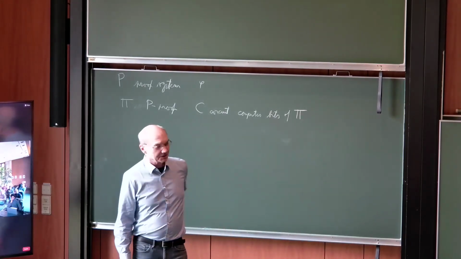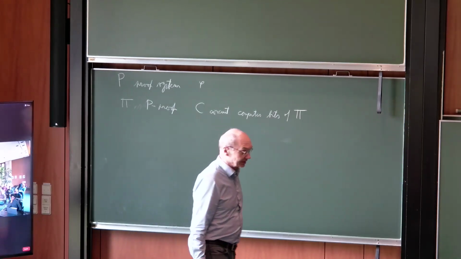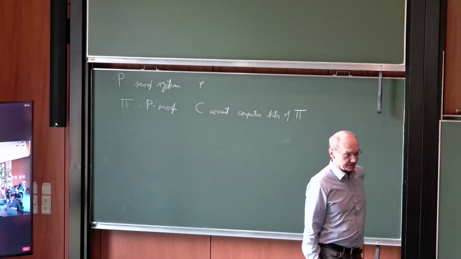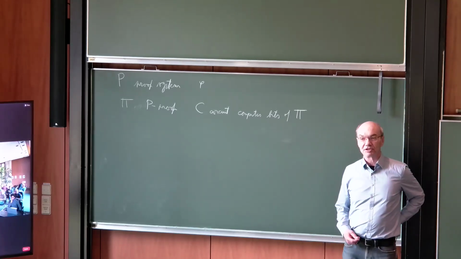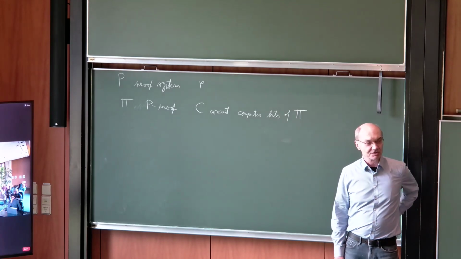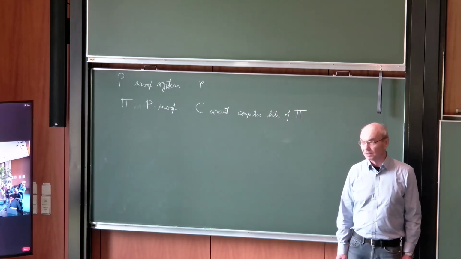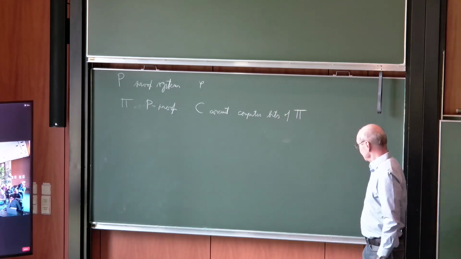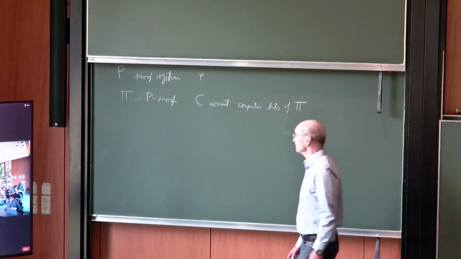So it's not enough to have a circuit that represents the proof, but we must have something more. We must be able to check that the circuit actually produces the proof.